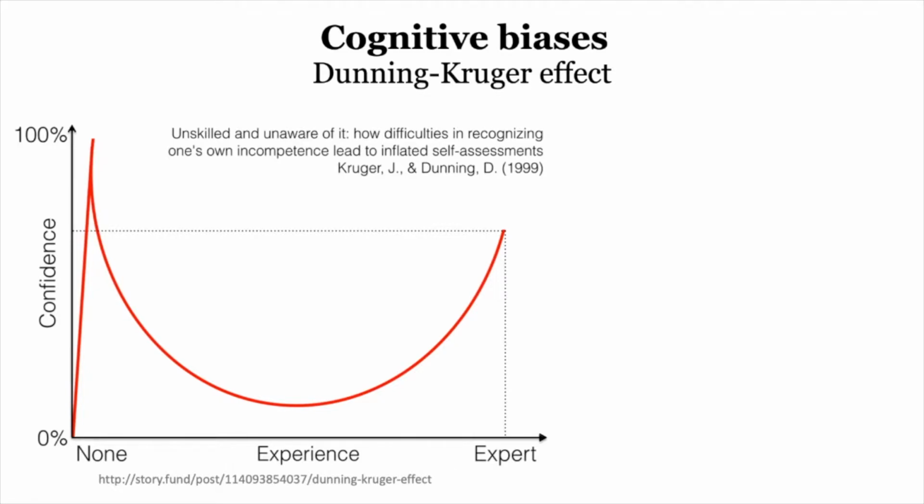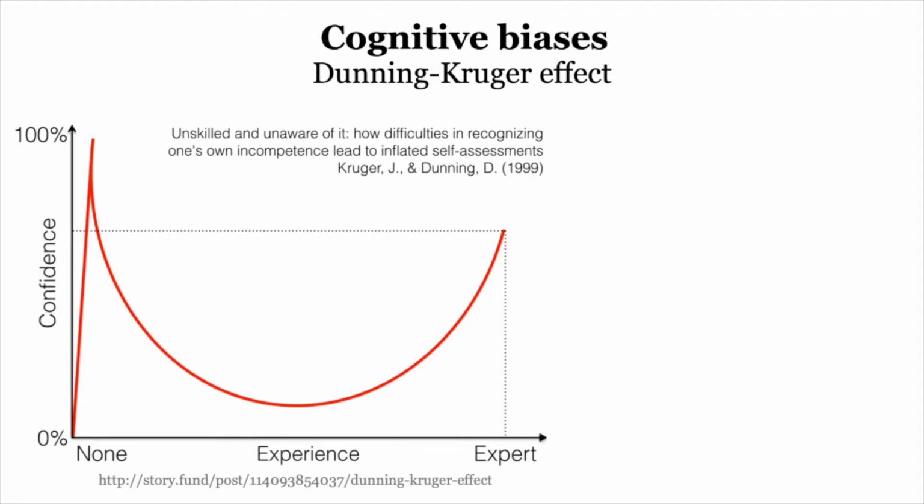The example that helps me understand this concept is understanding the functioning of a bicycle. Most people who have ridden a bicycle a few times or know how to ride one would say, yeah, it's relatively simple. I know a lot.